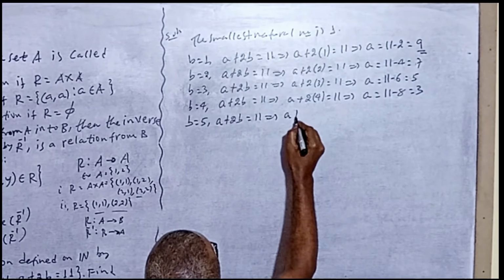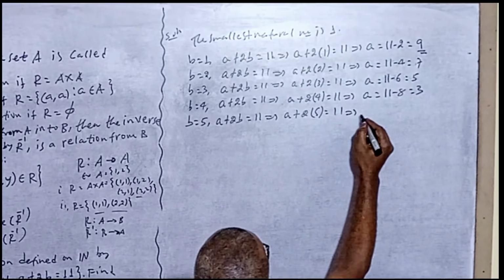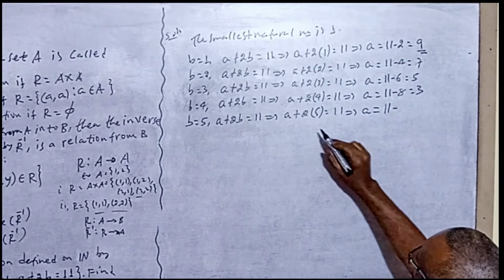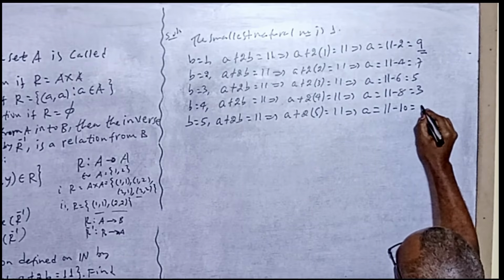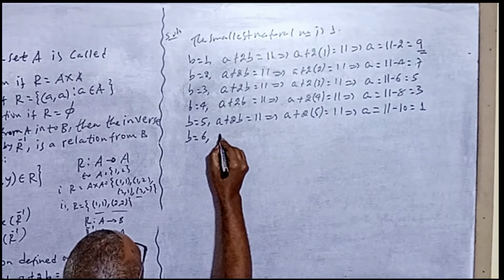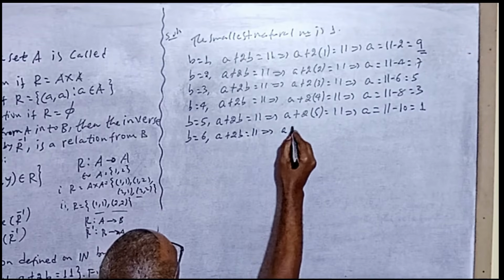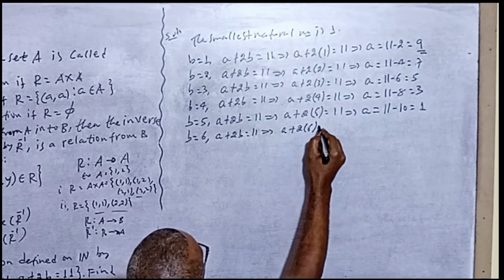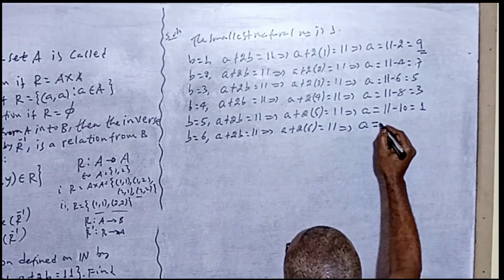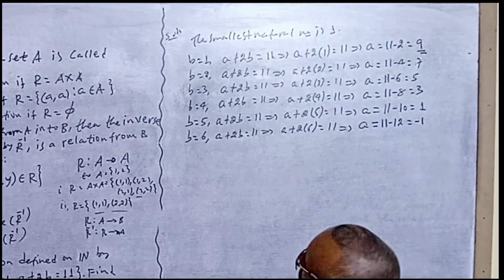This implies a is equal to 11 minus 10, which is 1. When b is equal to 6, a plus 2 times 6 is equal to 11. This implies a is equal to 11 minus 12, which is equal to minus 1.